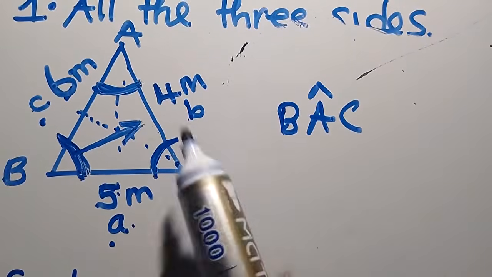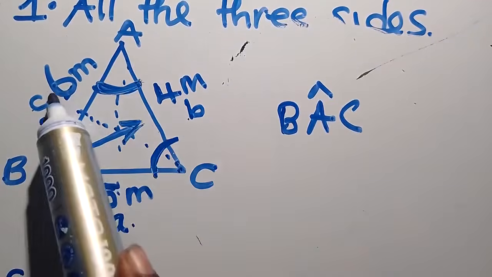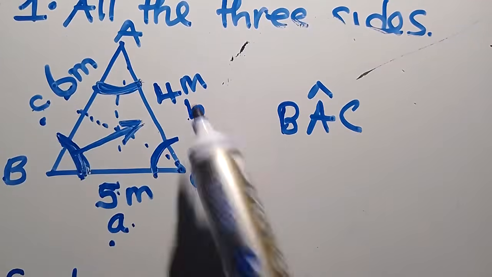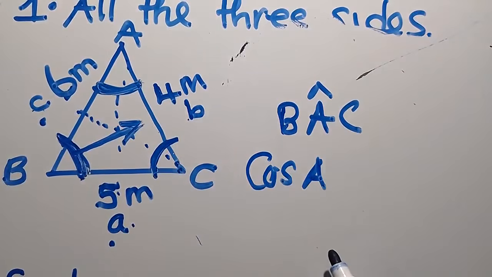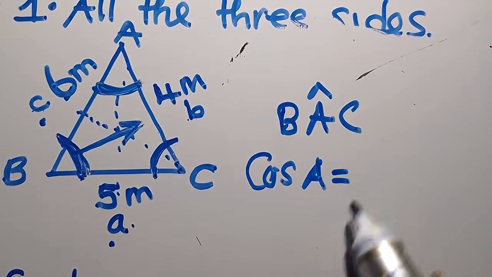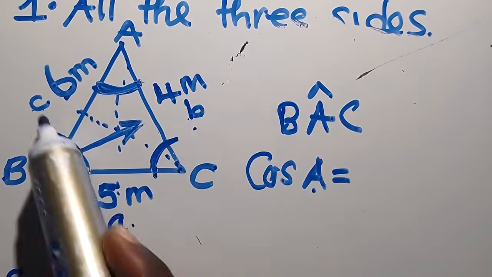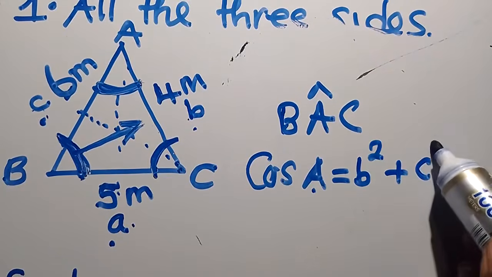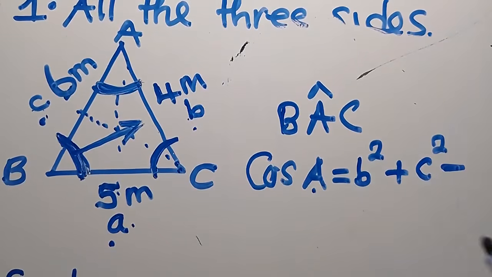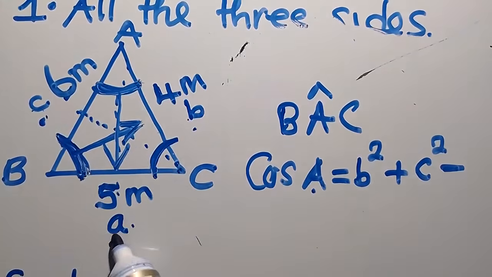So this is A. A is there. So which 2 sides are putting A in the middle? We've got the C and the B. So you are going to say cos A, since you want to find A, is equal to, the 2 sides that are putting cos A in the middle are B and C. So you say B squared plus C squared, then minus, this is just part of the formula, minus the side that is opposite to A. This is A. So minus A squared.